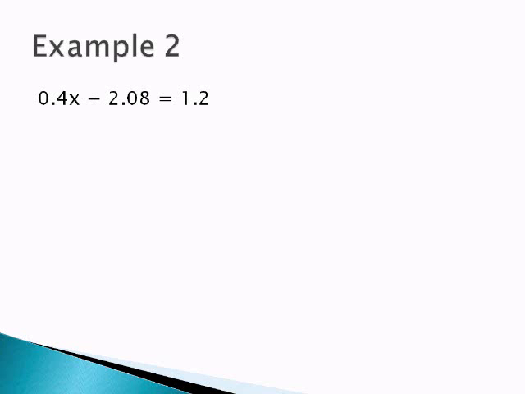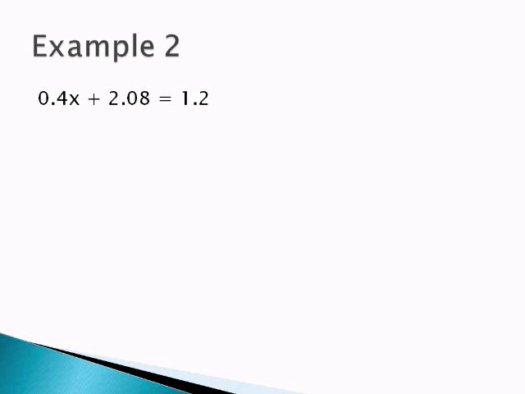What about with decimals? Decimals can get a little hairy if we don't want to work with them. A trick we can do is multiply by a power of 10. 10 has 1 zero. 100 has 2 zeros. 1,000 has 3 zeros. We look at these decimals and which decimal has the most numbers after the decimal point.